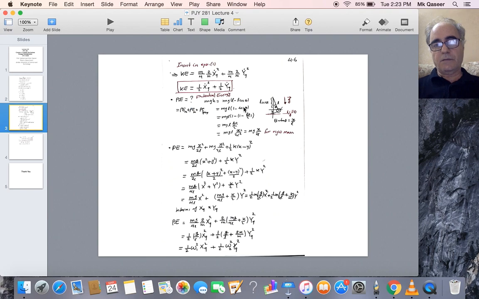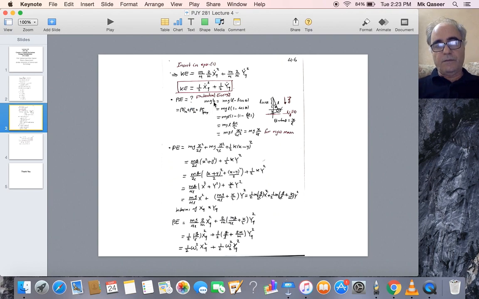H is L minus L cosine theta, so we have mg times (L minus L cosine theta). We have also potential energy of the same form for the left mass, and we have the elastic energy of the spring. So the potential energy consists of 3 terms.